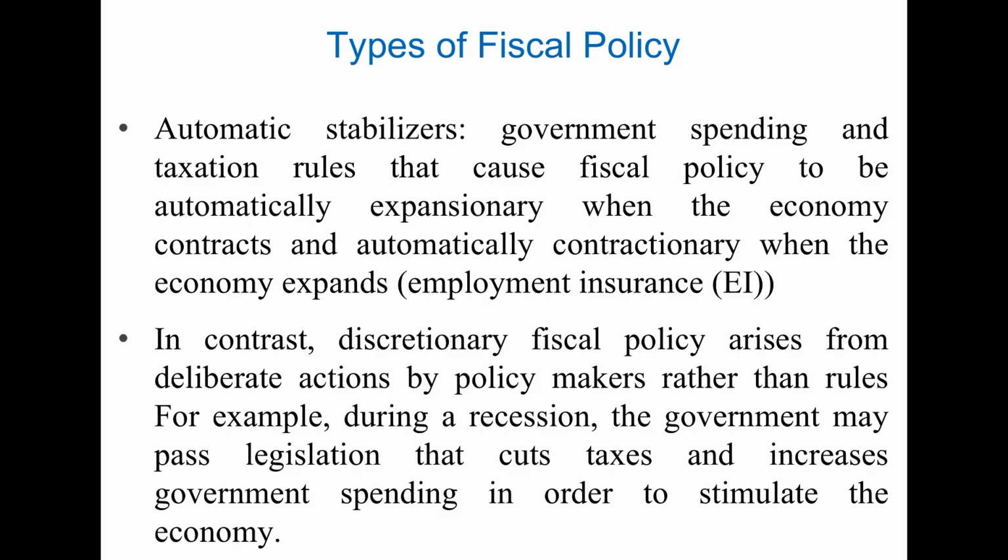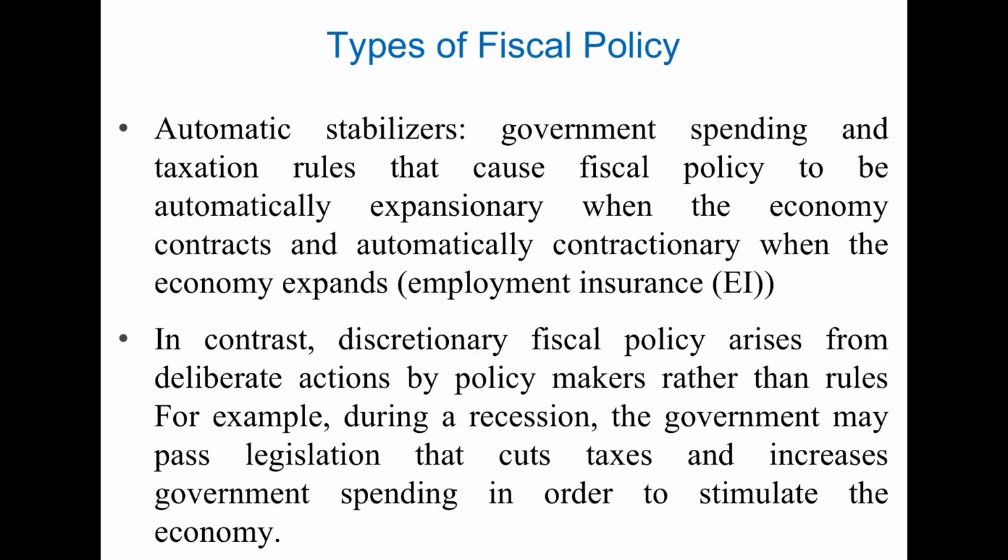That is called an automatic stabilizer. It is triggered if the economy is in recession, and it triggers when the economy is in a boom. So that's the way it works automatically.